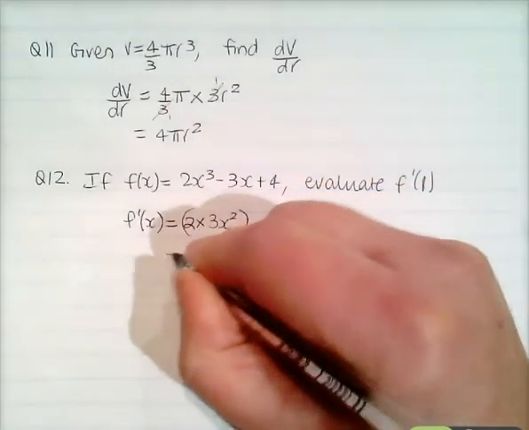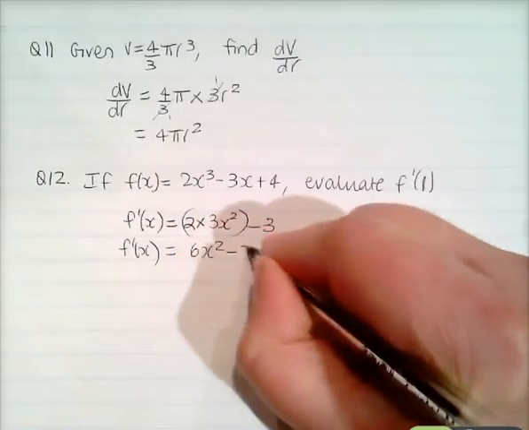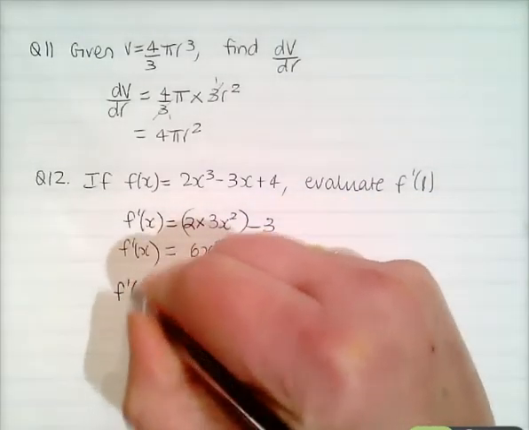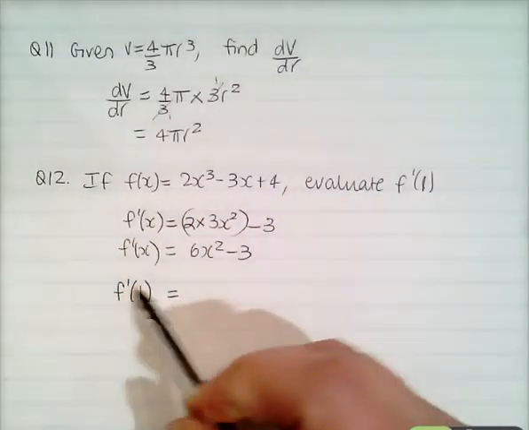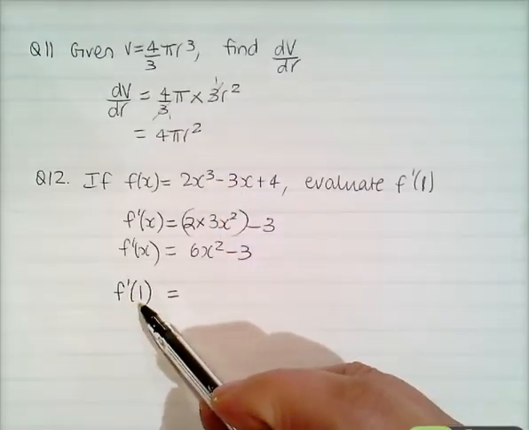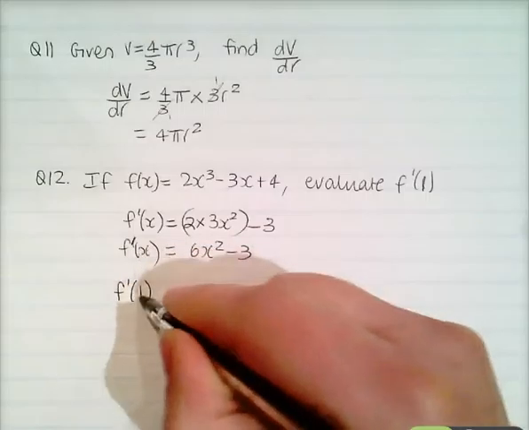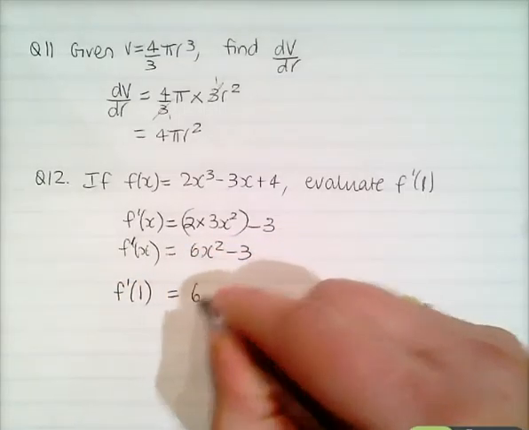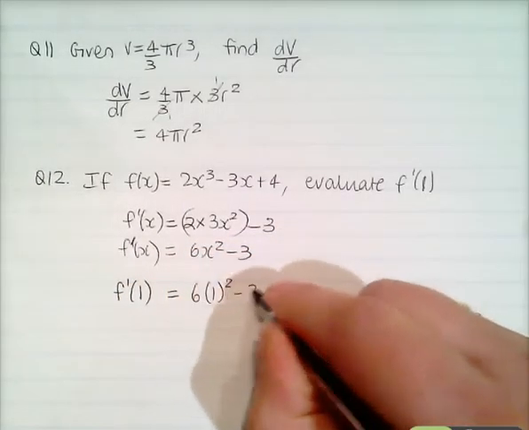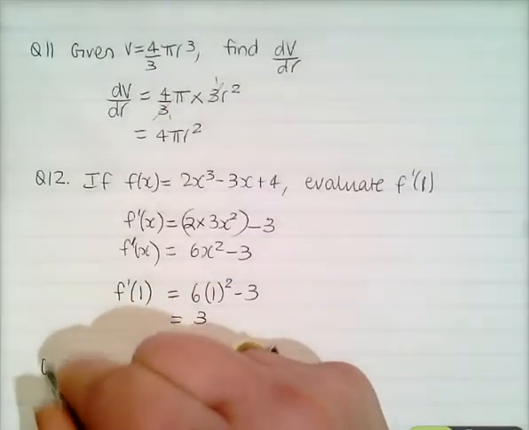So therefore, f'(x) is 6x squared minus 3. Now, if we want f'(1), we're trying to find the gradient of this function when x is 1. So we substitute x equals 1 into the derivative function. So we get 6 times 1 squared minus 3, which is 6 minus 3, which is 3.